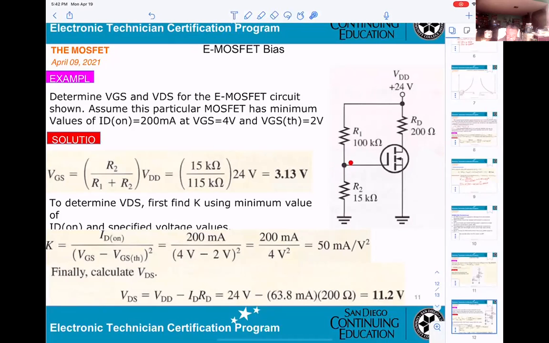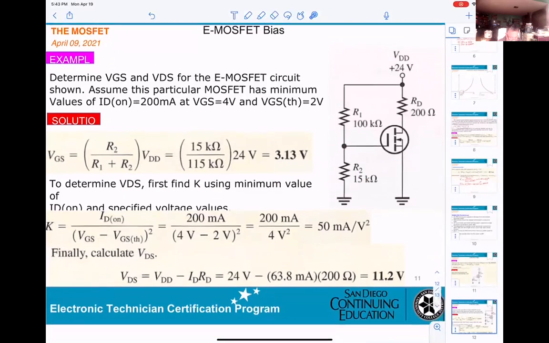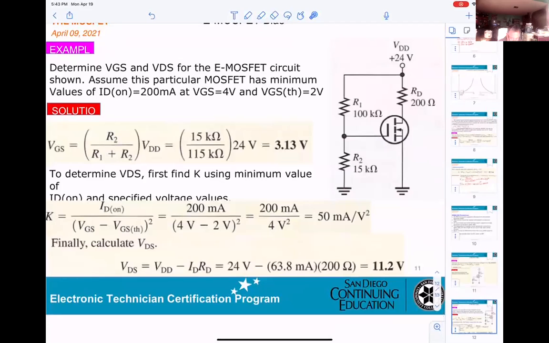The voltage here will be equal to 24 volt times R2 divided by R1 plus R2. That's what they calculate, and they get 3.13 volt.